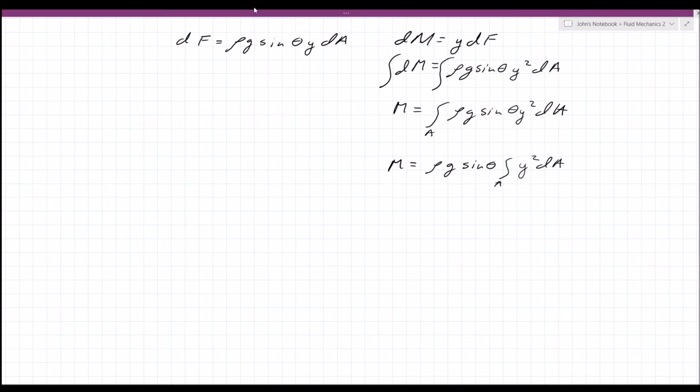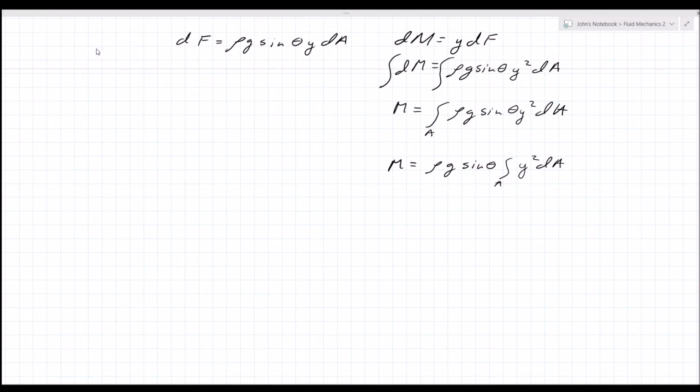Now, if you recall, moment of inertia for an area, I'll do it over here. Call moment of inertia, you get I sub x is equal to the integral over A of y squared dA.